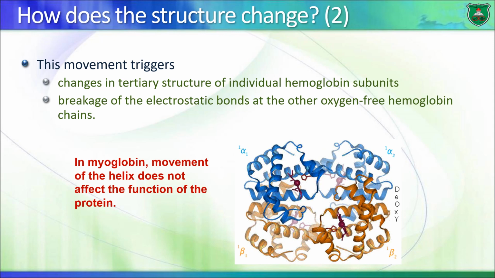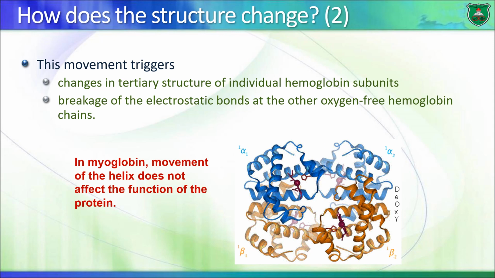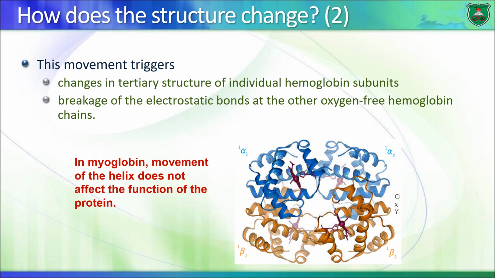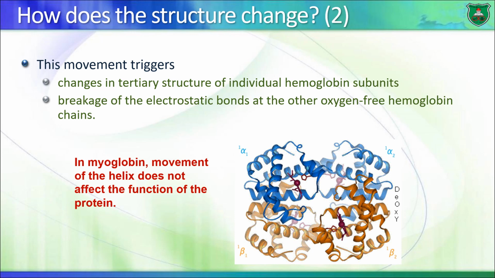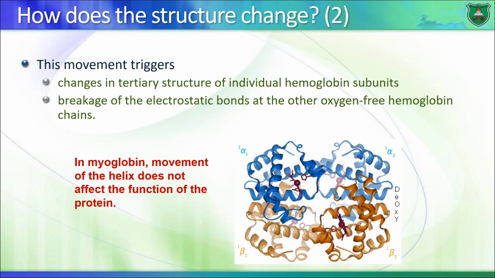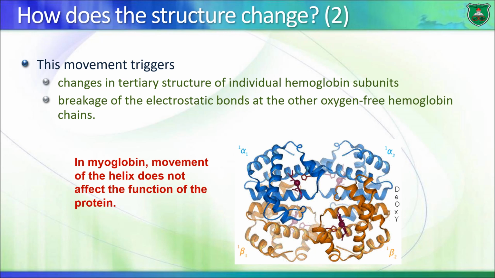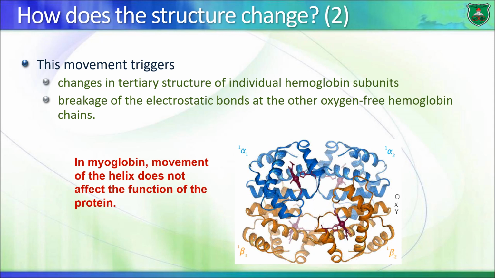So you have basically a change in the structure of the heme molecule that changes the secondary structure, the alpha helix, that contains the proximal histidine, that changes the tertiary structure of the polypeptide that is bound to oxygen right now, and that changes the quaternary structure of the whole molecule. So changing secondary, then tertiary, then quaternary structures of the hemoglobin molecule.